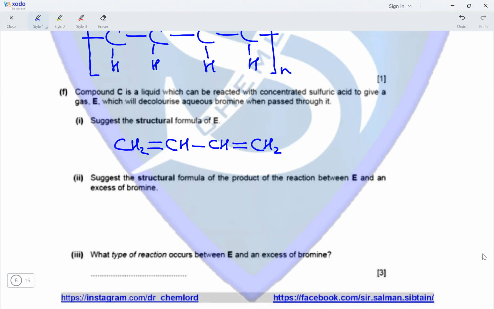So when E reacts with an excess of bromine, we have the formation of a halogenoalkane in which both the double bonds will be removed and bromine atoms will be added onto each carbon atom. So all four carbon atoms will be attached to a bromine atom. So the product would be CH2, CH, CH, CH2, and a Br atom on each of the carbon atoms.